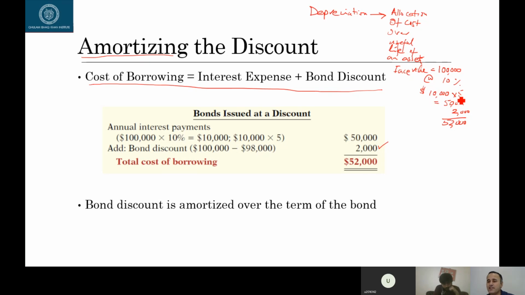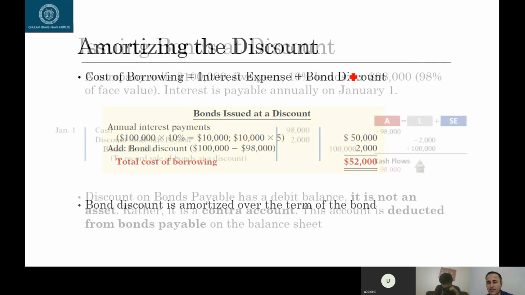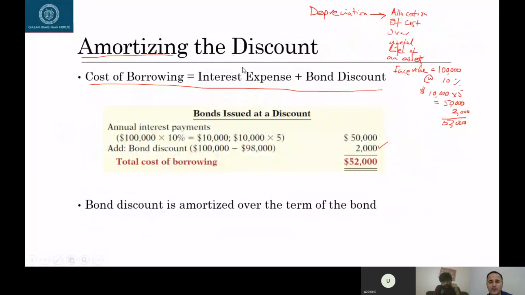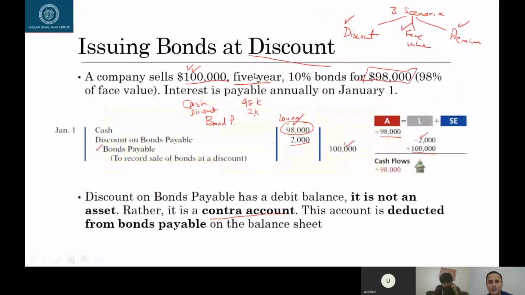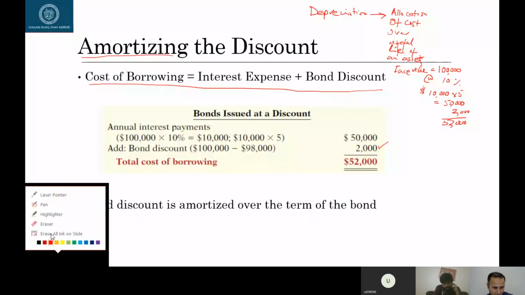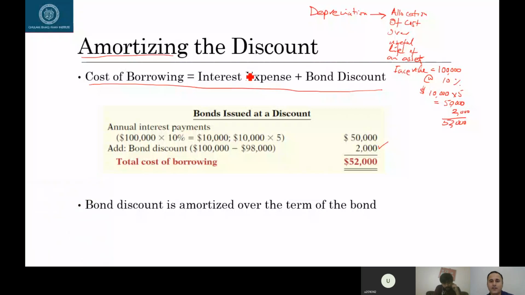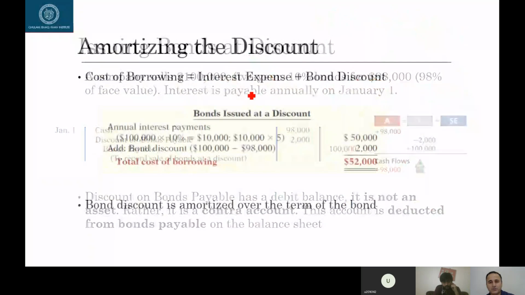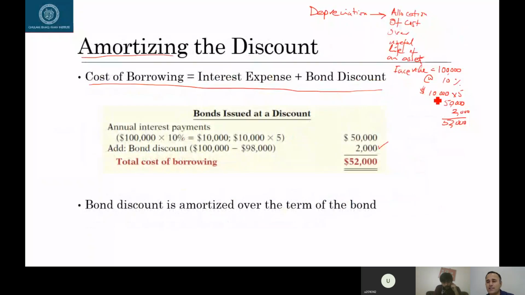Since it's a 5 years bond, that's why $10,000 yearly expense is multiplied by 5 years.